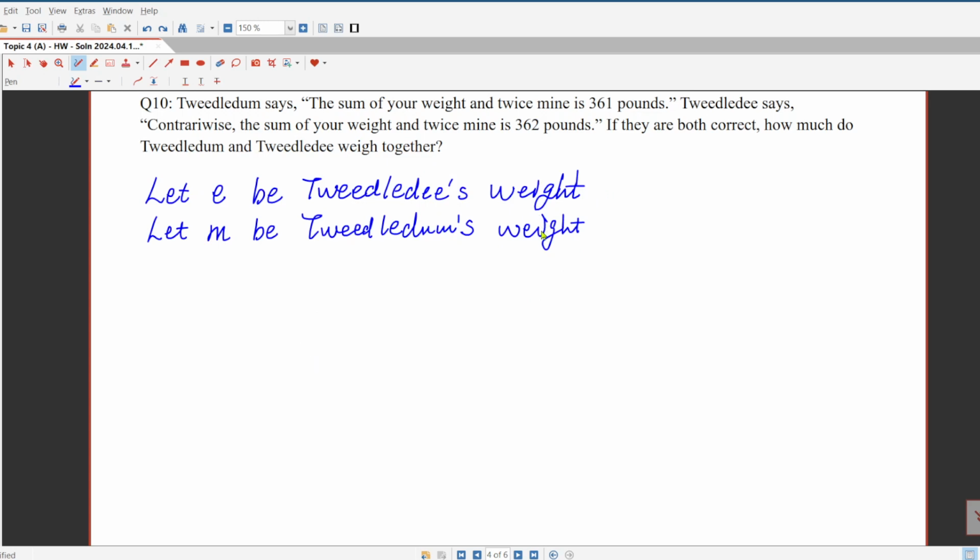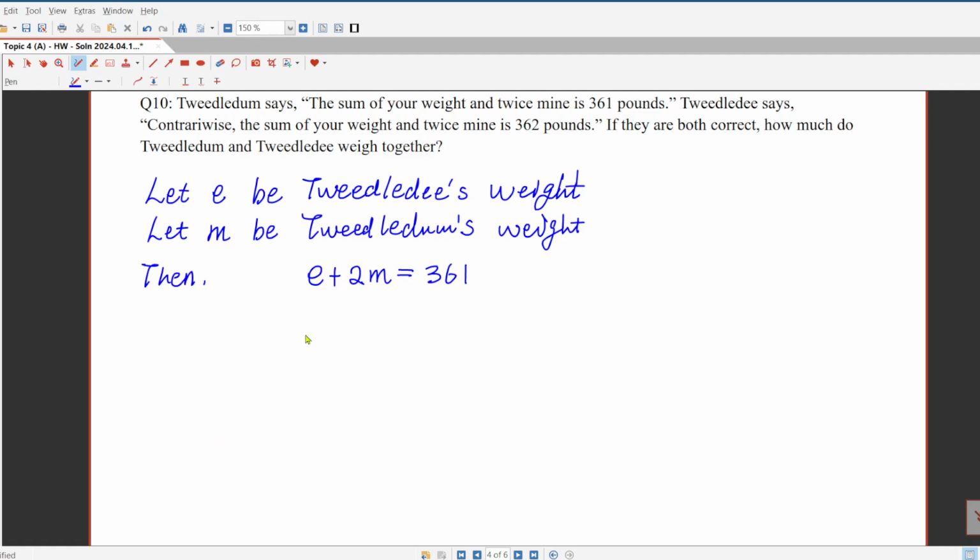And for any letter that is not in the question, you need to clearly define the meaning of that variable. So from Tweedledum's statement, we have this relationship: E plus 2M should equal 361, right?